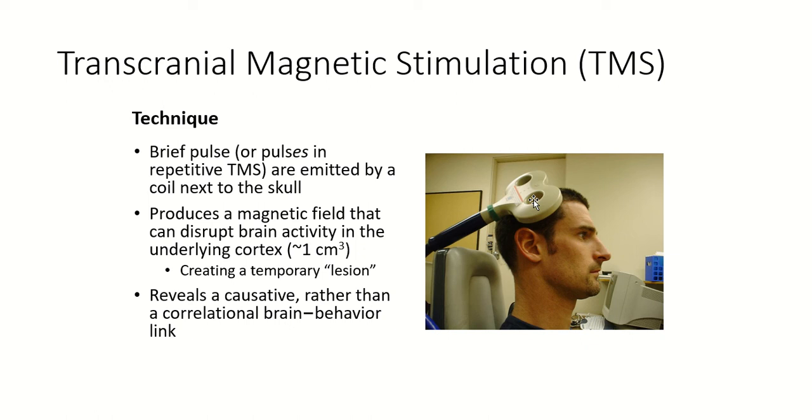And by the same token, if an area does not cause any interruption while it's being zapped, if the behavior is still the same, then it must be that that brain area is not really involved in that kind of behavior. So what's nice about this is that this is a way to causatively manipulate the brain and then study the behavior that's being interrupted or not.